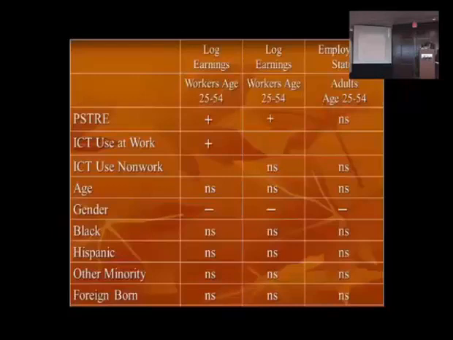This is a big chunk of the variation that was not observed in the analyses this morning. And this is very robust, and I think it's very important that we understand it.